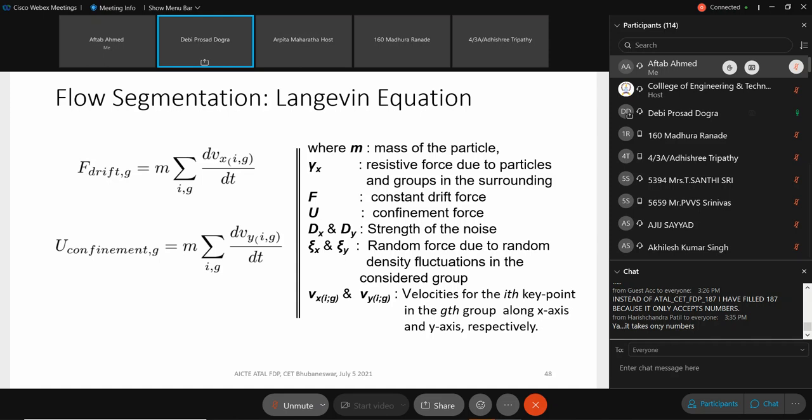There is another paper related to this one, which you will find in Expert Systems with Applications, from the same research group here at Bhubaneswar. They have also done a flow segmentation model, where we wanted to understand how the flow in the crowd is, whether it is a stable flow or an unstable flow, a unidirectional flow or a bidirectional flow, with certain relaxations.